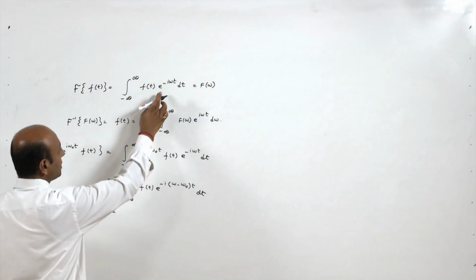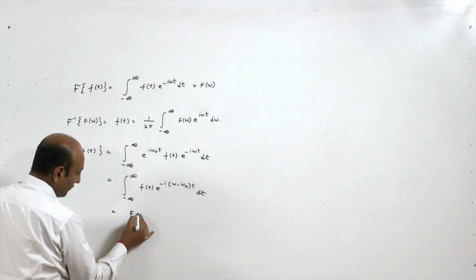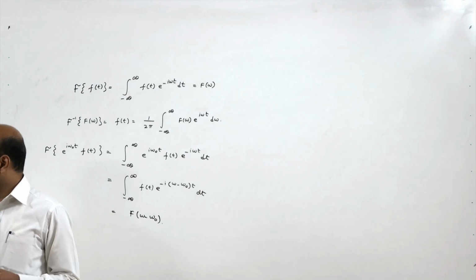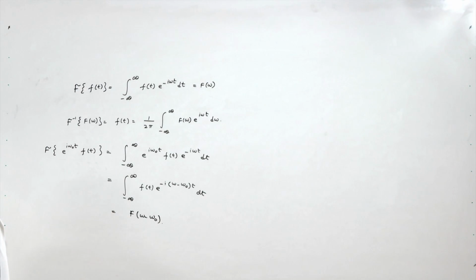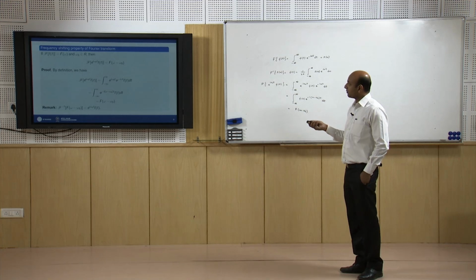So, in this expression, instead of omega we have omega minus omega naught. So, this is nothing but F(omega minus omega naught). So, this is called the frequency shifting property of Fourier transforms. This we can use sometimes while solving some problems.